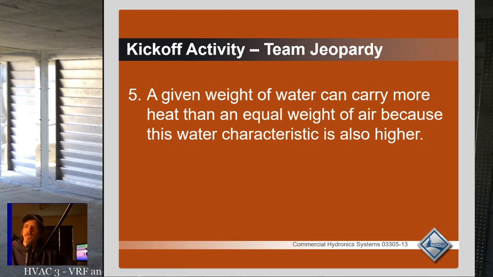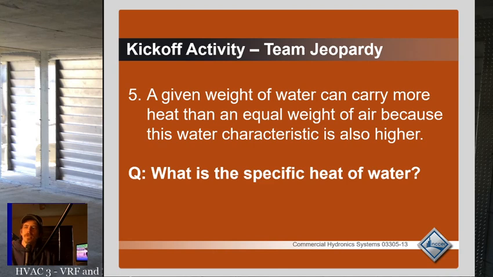Alright, a given weight of water can carry more heat than an equal weight of air because this water characteristic is also higher. It should be like the density or the specific heat. The specific heat of something, or the specific gravity, is based on its mass.